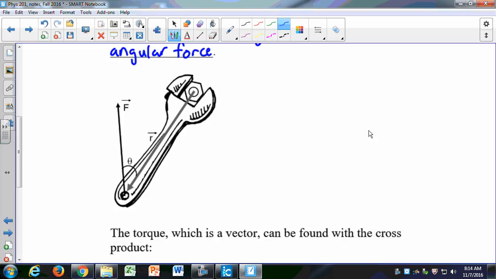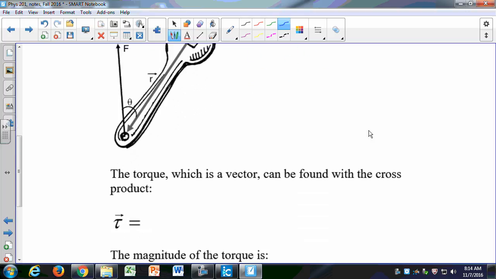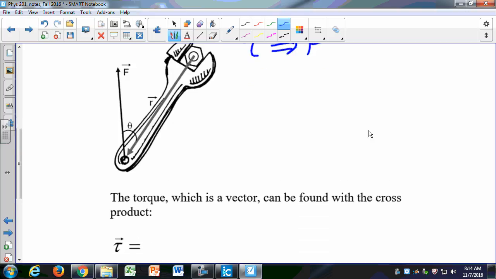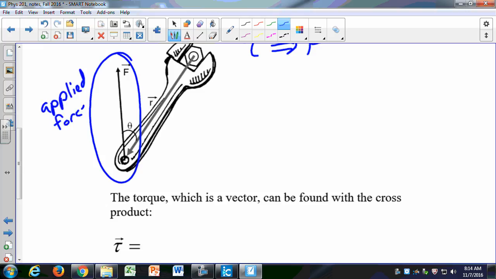So we can think of our torque now as a type of angular force, and we can find the torque with the cross product. Now we have two things at work when we're talking about torques. We have the force, this is the applied force, and then we also have the moment arm.